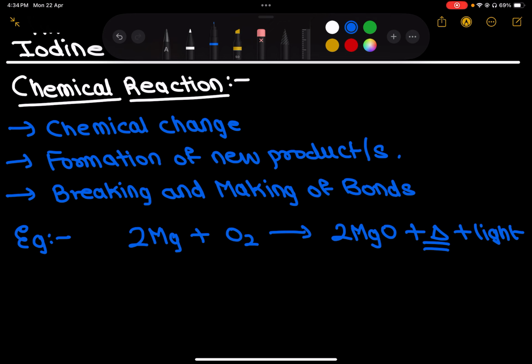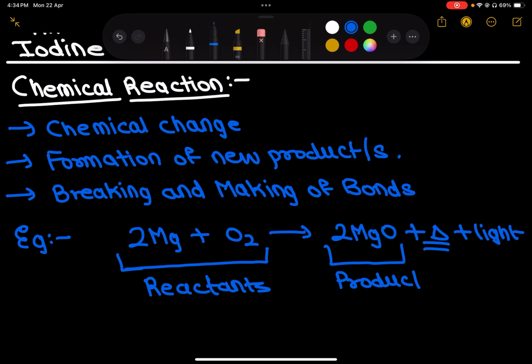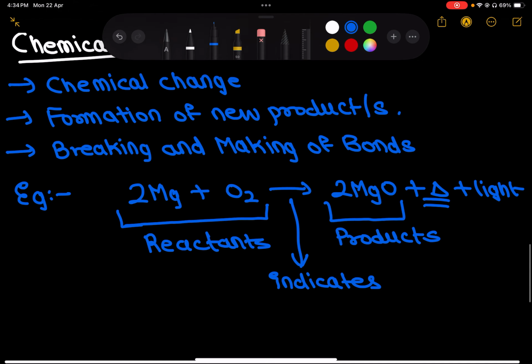Here, the left hand side of the arrow is known as the reactants, and the right hand side is known as the products. Reactants react to give products, and the arrow in between indicates that a chemical reaction has taken place.